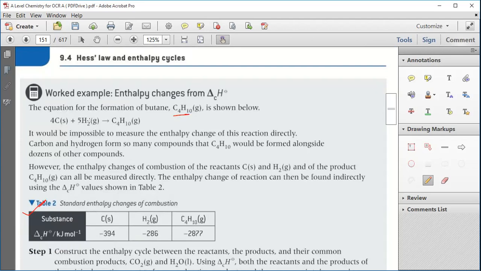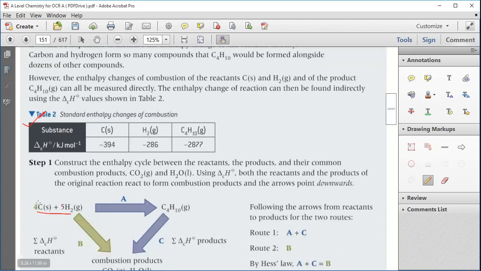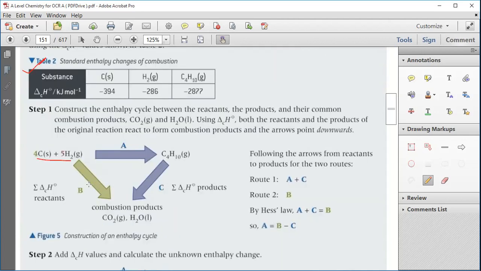It is formed by carbon and hydrogen only. So you can clearly see carbon and hydrogen are forming C4H10. Now the combustion product is CO2 and H2O. In both the cases, the combustion product is CO2 and H2O.